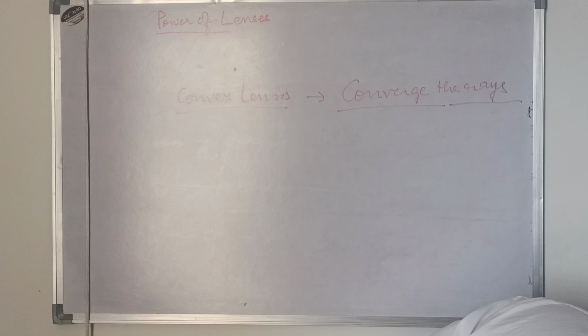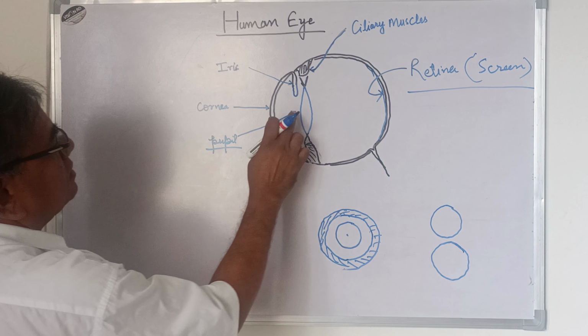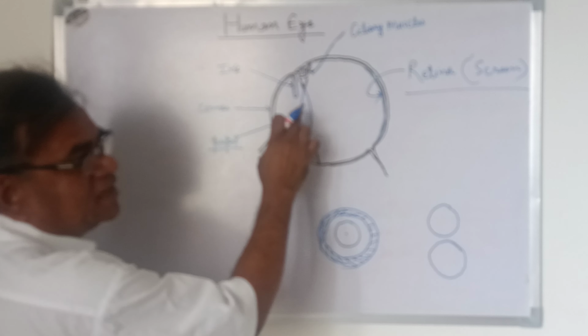What happens? The light enters from this side and is focused on the screen. There is some object, and the light reflected from the object or illuminated object goes inside the eye and passes through this lens. This lens is a converging lens, a convex lens, and it makes the image at the retina.